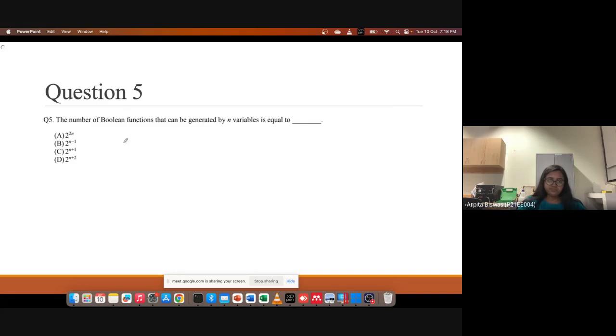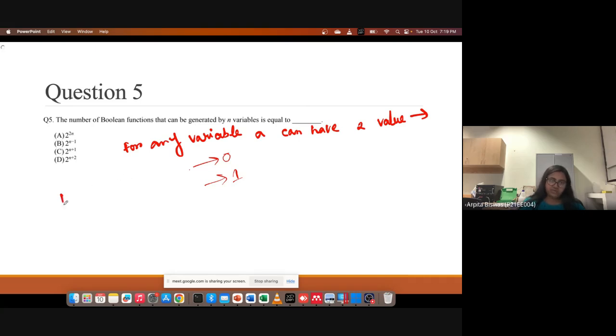For any variable, A can have two values, either 0 or 1.